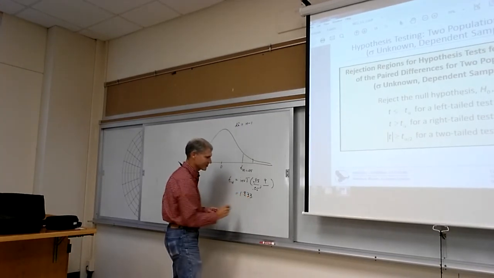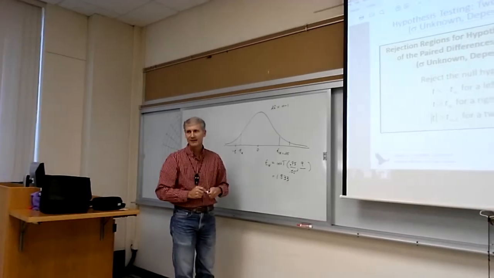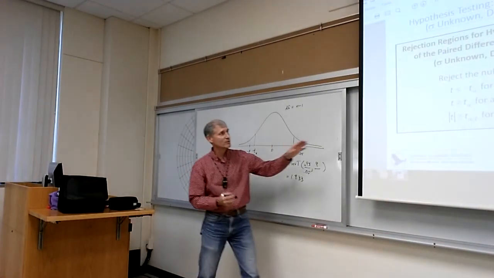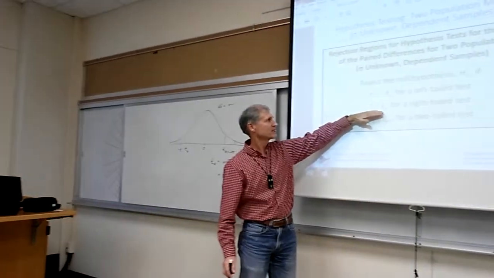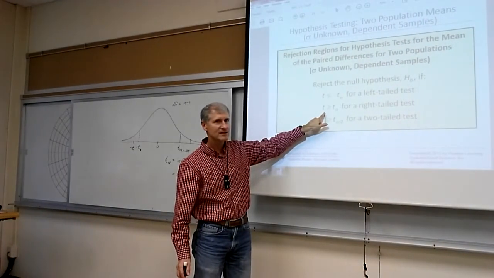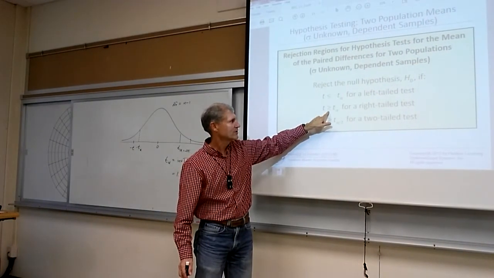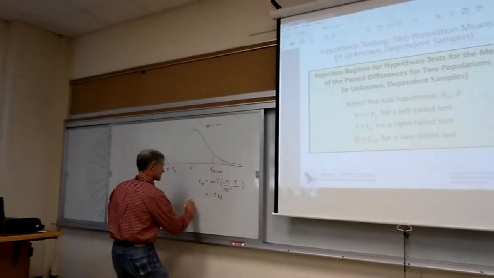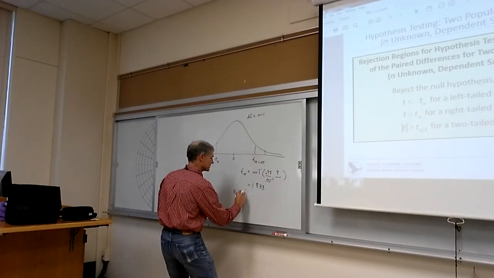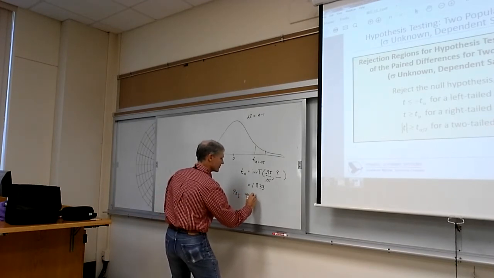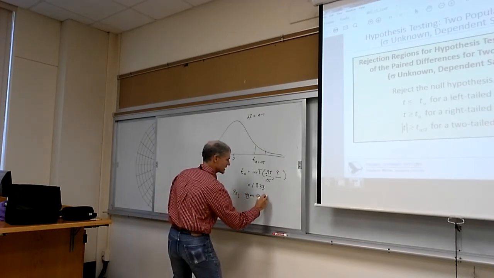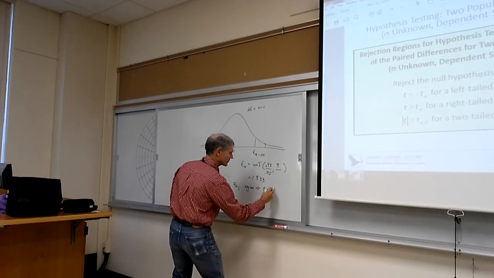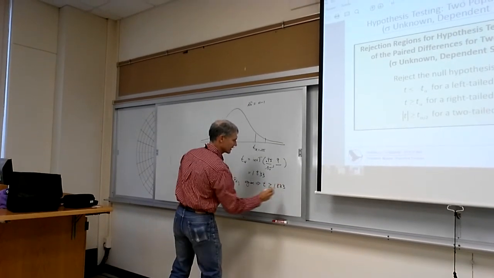1.833, right? To 3 decimal places? Okay? So what is my rejection region? My rejection region is T greater than or equal to 1.83. So the rejection region is T greater than or equal to 1.833.